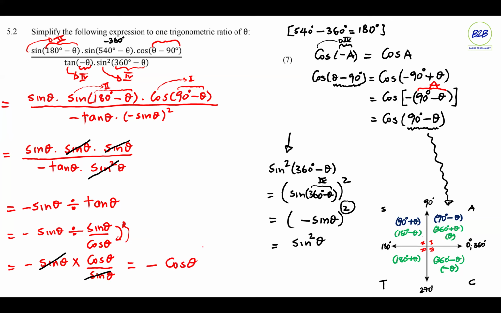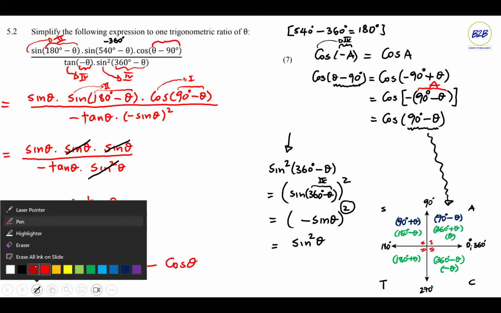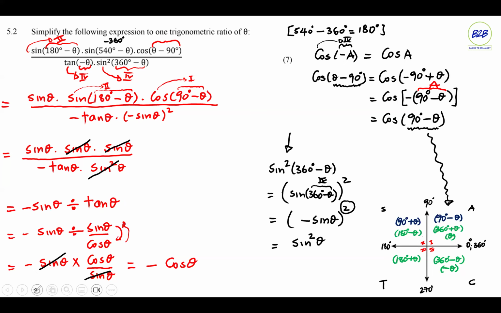So just to recap, when you deal with these kinds of questions, you will encounter normal reduction formulae like 180 degrees minus theta, minus theta, 360 degrees minus theta. Those are your normal reduction formulae.